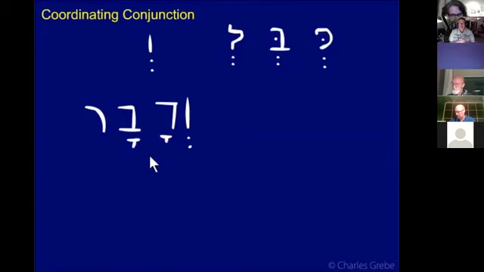If you have a vowel before the letter with the dagesh lene, even the smallest of vowels, it chases away the dagesh lene. Just add it on. So that's how it's similar.